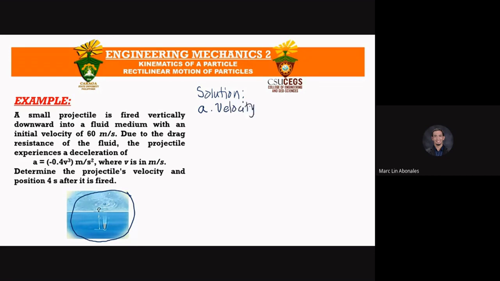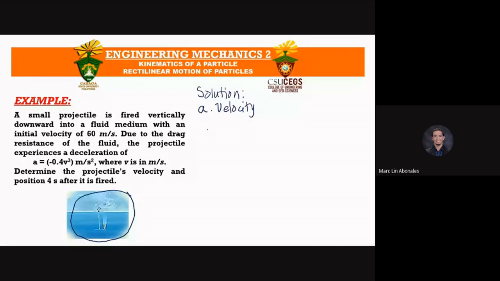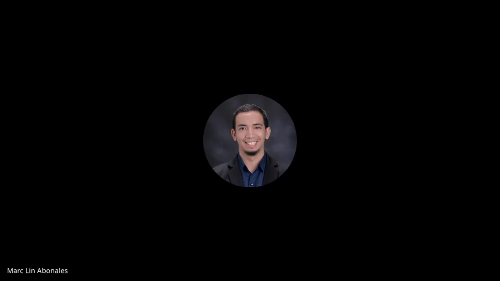Once we establish the coordinate system, we choose which among the three kinematic equations we will use. Those are v equals ds over dt, a equals dv over dt, and the last one is a ds equals v dv.